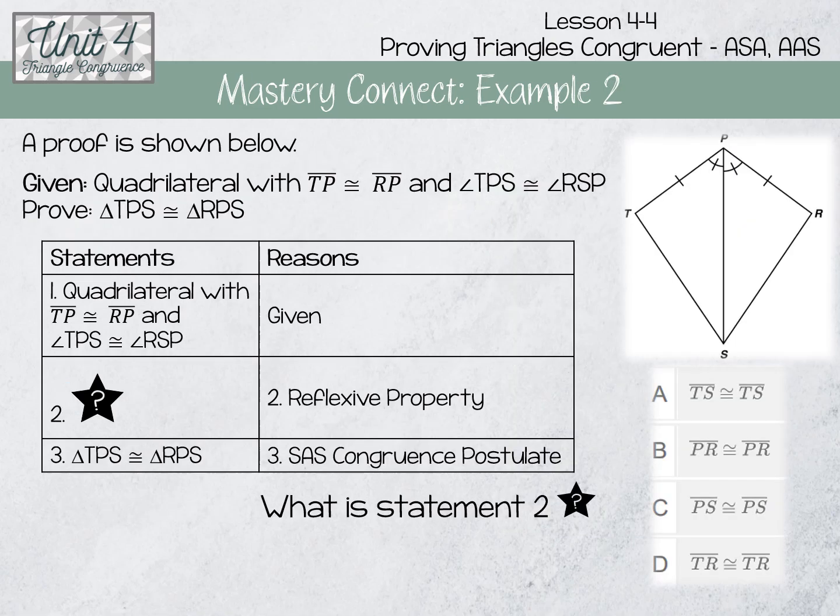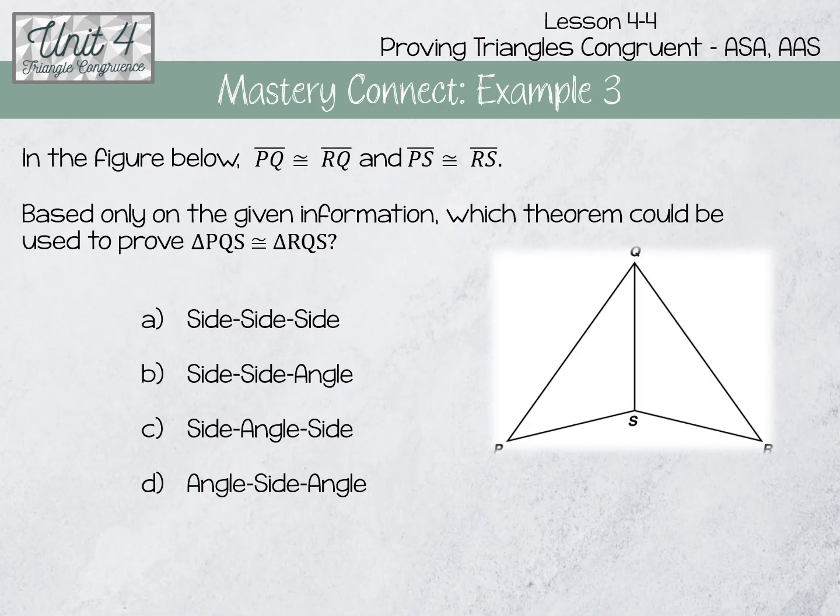Mastery Connect number 2. All we need is the statement for the reflexive property. So look on the diagram. Which segment is reflexive property? And that's got to be the shared side right there. Segment PS congruent to segment PS. Mastery Connect example number 3 in the figure below.